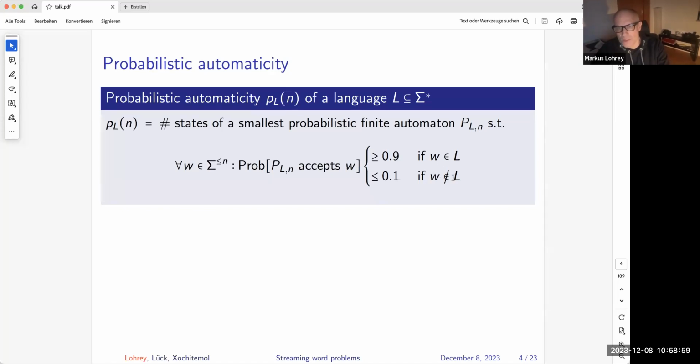If W is not in L, then the probability of acceptance is small, let's say at most 0.1.